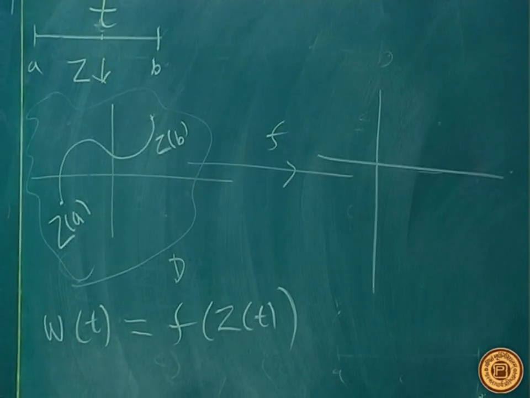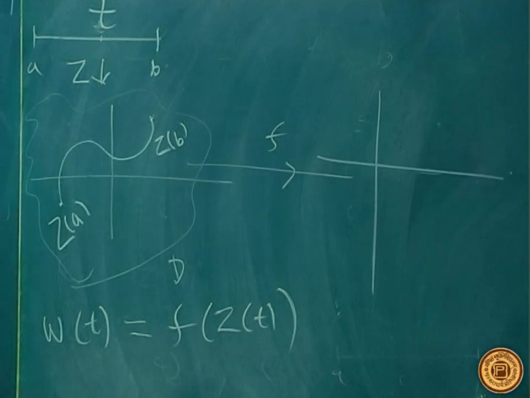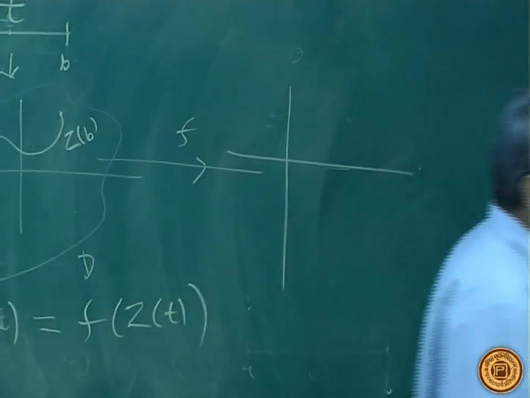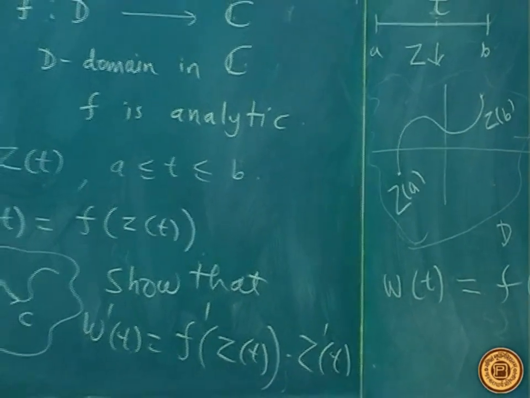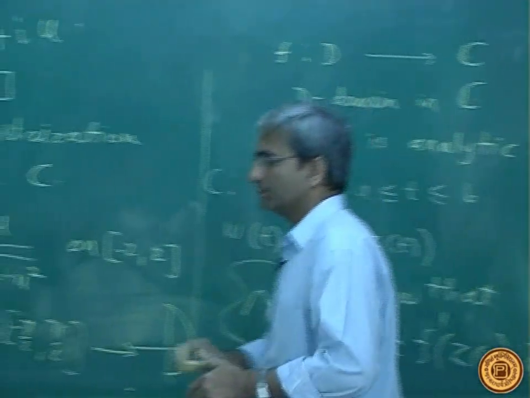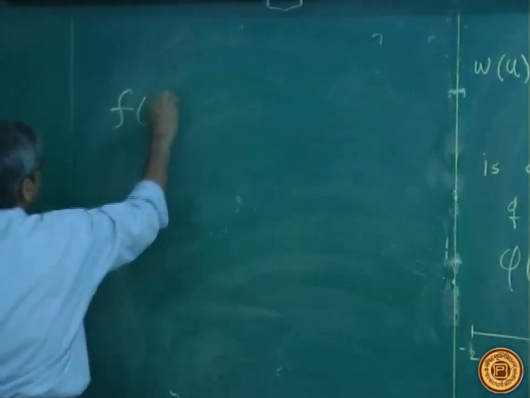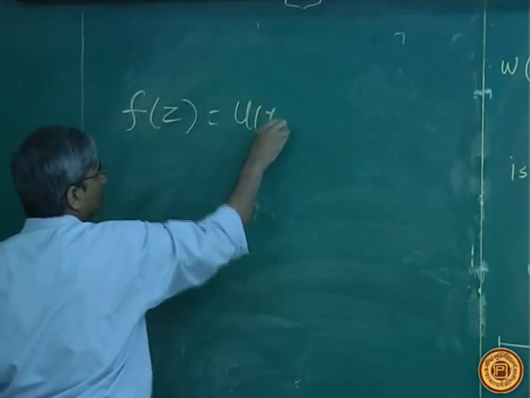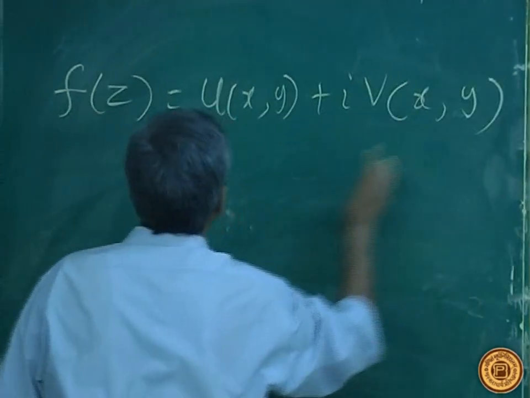Okay, so let me start. I gave you 1 minute, but we want to move ahead. So let us write fz as u(x,y) plus i times v(x,y), as usual.